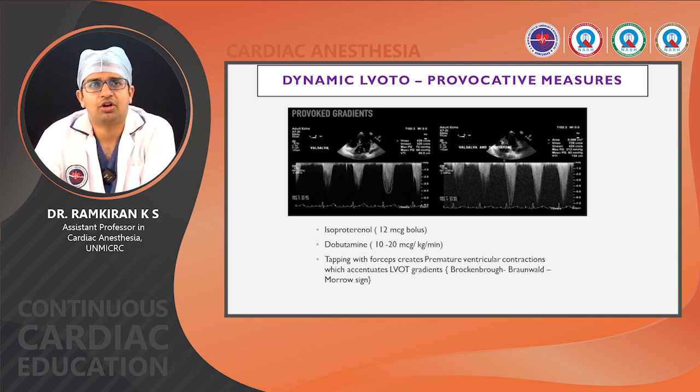So isoproterenol can be used as a 12 mcg bolus, dobutamine can be used. Sometimes even tapping with forceps when the pericardium is open creates a premature ventricular contraction which accentuates the LVOT gradient, and this is known as the Brockenbrough-Braunwald-Morrow sign.